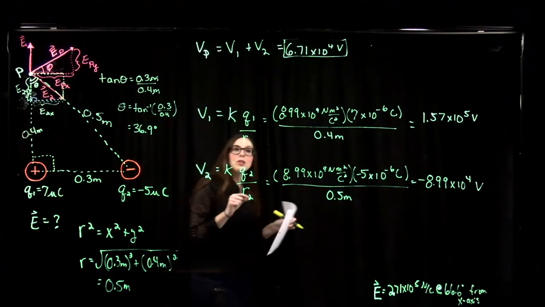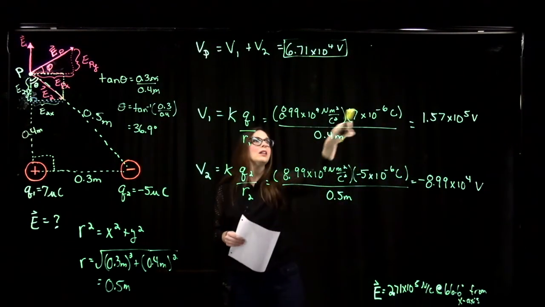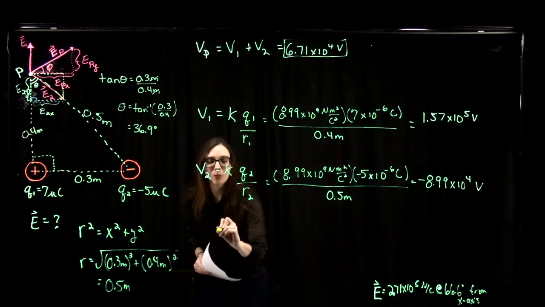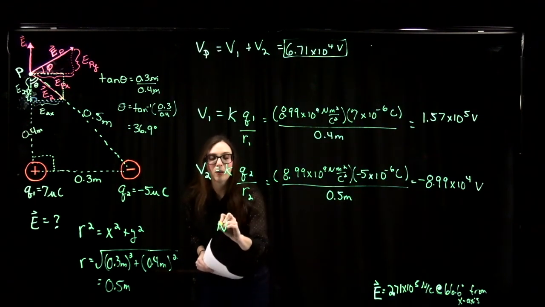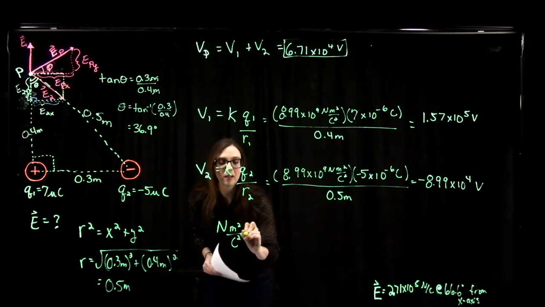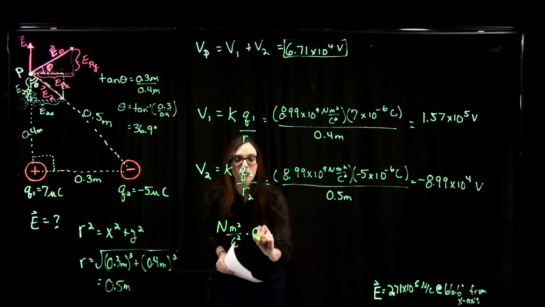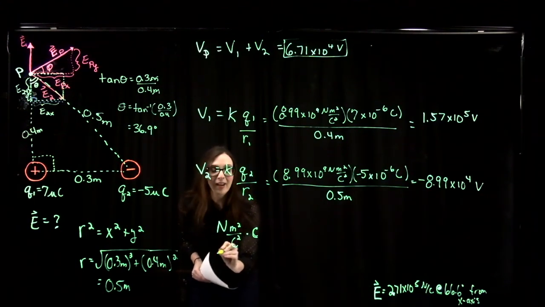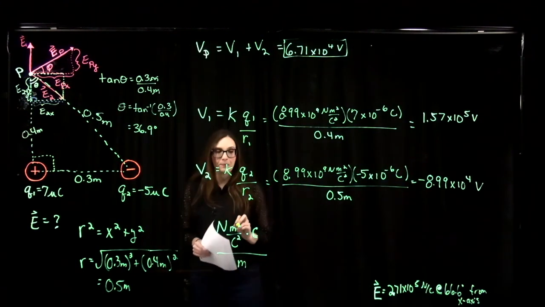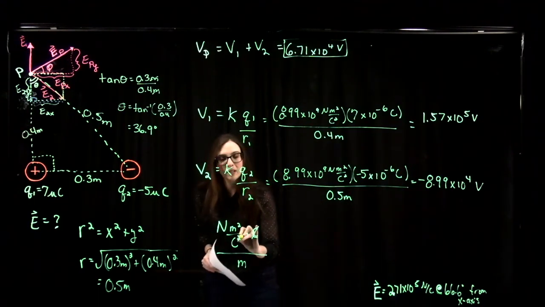Now, how did we get this unit of volt from all of the stuff in here? Well, let me show you. The unit for our Coulomb constant is a Newton meter squared over Coulomb squared. And then we're multiplying it by a charge, which has a unit of a Coulomb. And then we're dividing it by a distance, which has a unit of meter. Okay, so this C cancels with one of these C's.